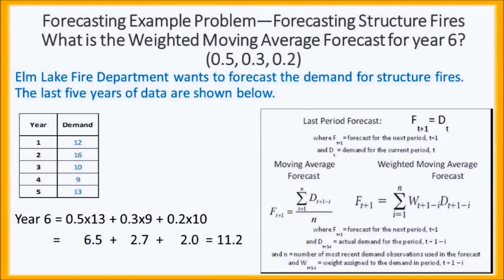And then 0.2 will be applied to the next most recent, which is the data for year 3, which is 10. So if we take 0.5 times 13 plus 0.3 times 9 plus 0.2 times 10, we get the answer to be 11.2. So 11.2 is our best estimate for year 6 then.